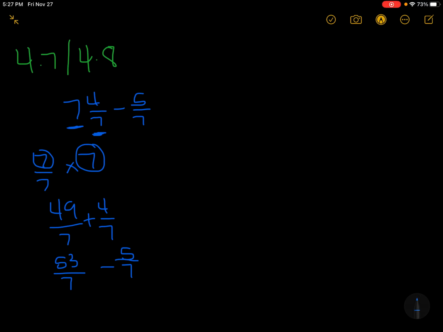Because these already have a common denominator, I don't need to find that, but I can go ahead and simply subtract the way that it is, and that would be 53 minus 5 for our numerators being subtracted is 48, and it stays over 7. I would simplify this as well.